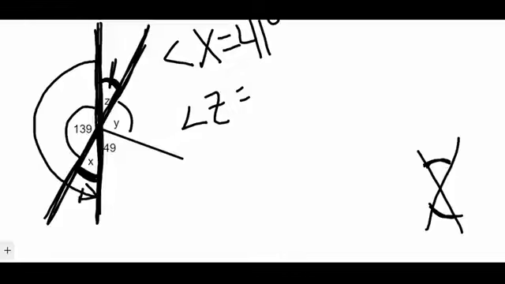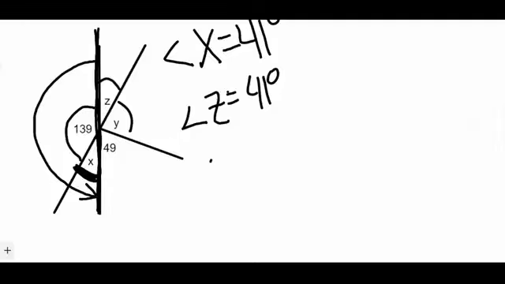So angle X is a vertical angle with angle Z. And vertical angles are congruent. They are exactly the same. So if angle X is 41 degrees, that tells me that angle Z is 41 degrees by using the definition of vertical angles.